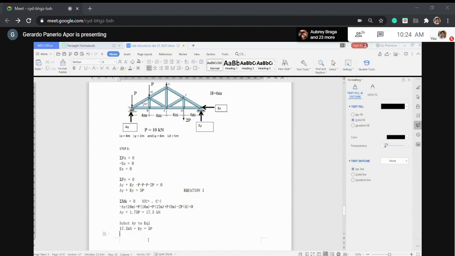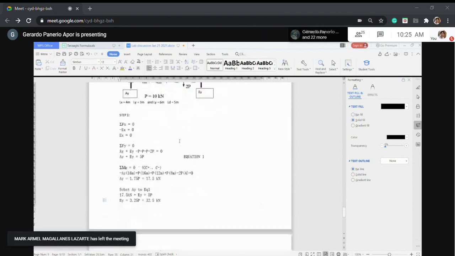So we have EY is equal to 5 minus 1.75, that's 3.25 P, or that's equal to 32.5 kilonewton. So that's how we solve the reactions of the truss.